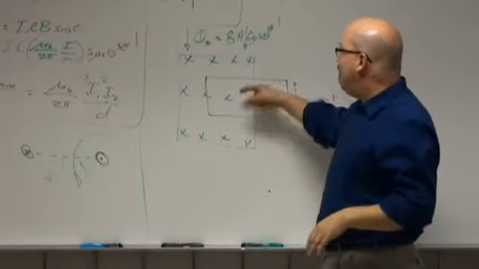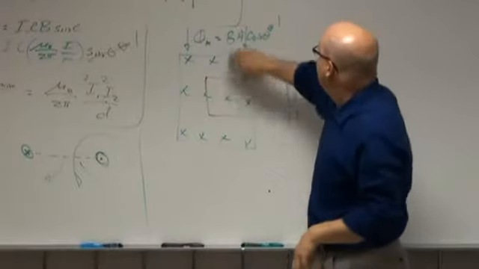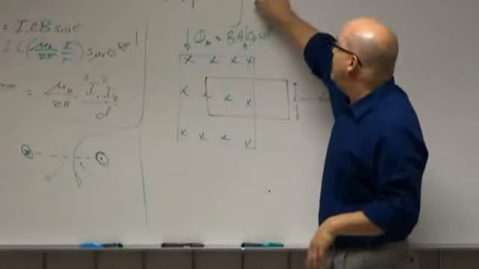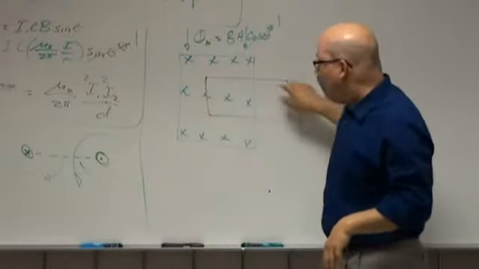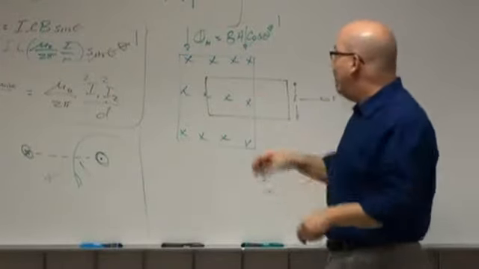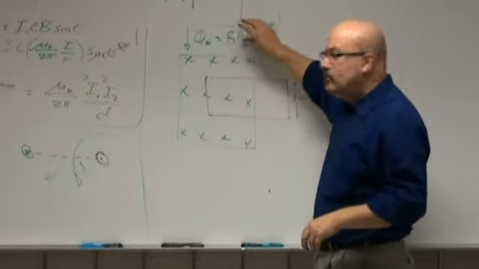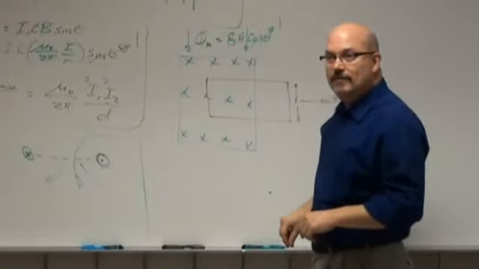So what's happening to my flux? Is it getting bigger or smaller? It's getting smaller. So my EMF in my wire, my virtual battery, is going to get set up to produce a current that will try to hinder or oppose this decrease in flux.